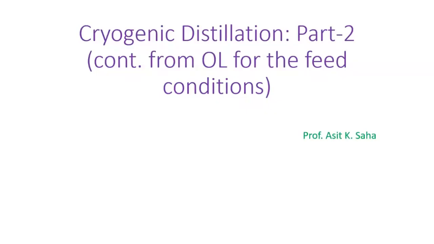Hello. In the last class, I started discussing cryogenic distillation. There, I discussed how the number of equilibrium stages, or number of ideal trays, is determined using the McCabe-Thiele method for the cryogenic distillation process.